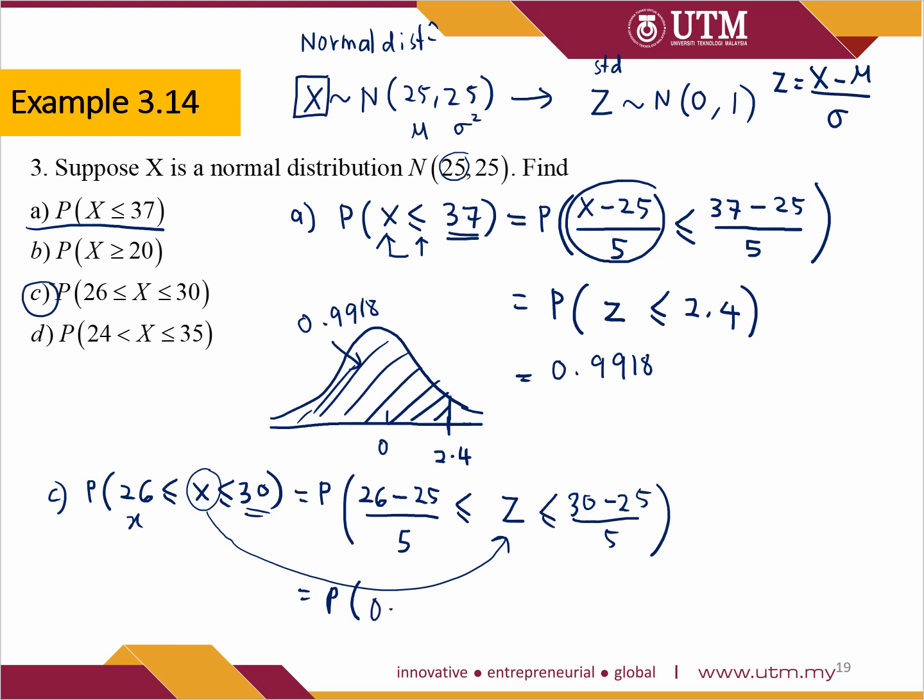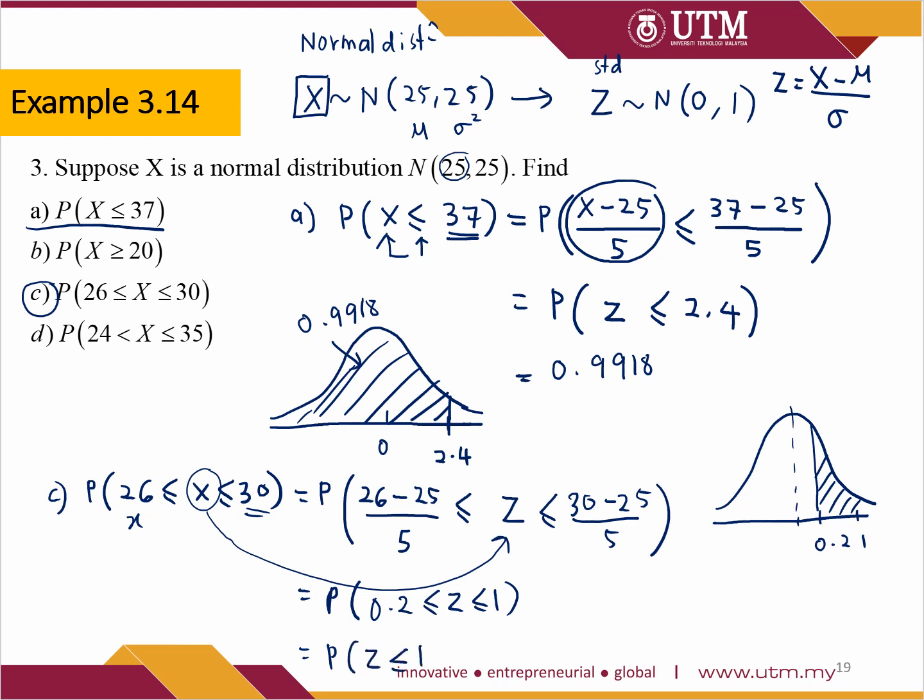Now we can solve this and you will get 0.2 and 1 for z. If we draw the graph, it is more than 0, so it will be here, and 1. You have to find the value from the table for z less than or equal to 1, then minus z less than 0.2.